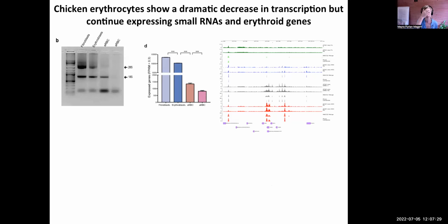So next, we decided to have a look at transcription in these cells. And for that purpose, we did a total RNA-seq analysis in fibroblast, erythroblast, and both embryonic and adult red blood cells.